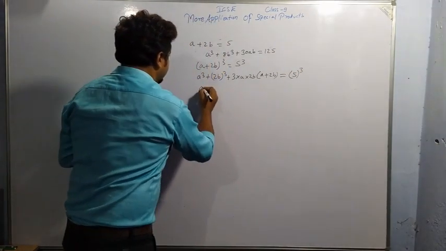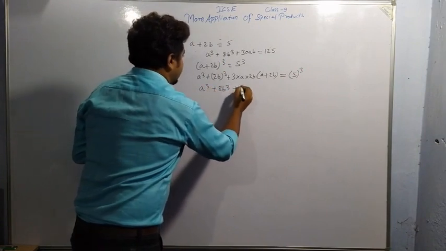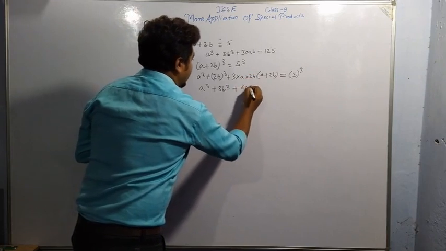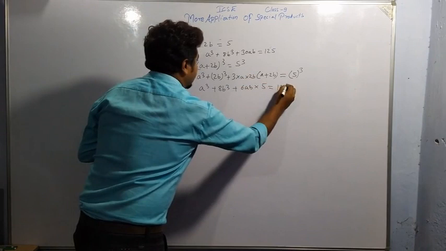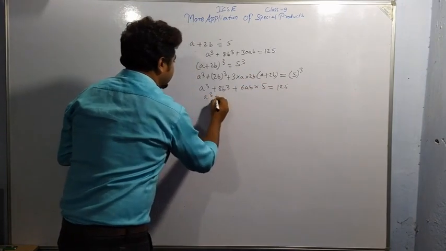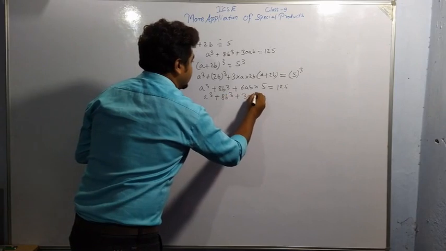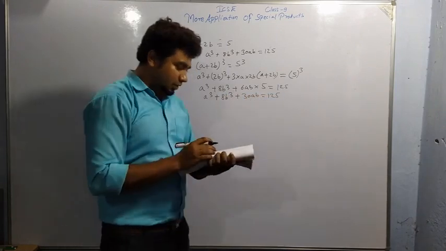So from here a cube plus 8b cube plus 6ab, and this value a plus 2b is equal to 5, is equal to 125. So from here we are getting a cube plus 8b cube plus 30ab is equal to 125. So this is question number 21.